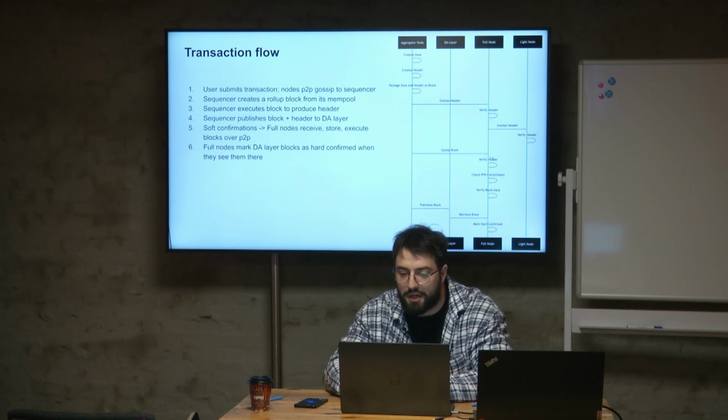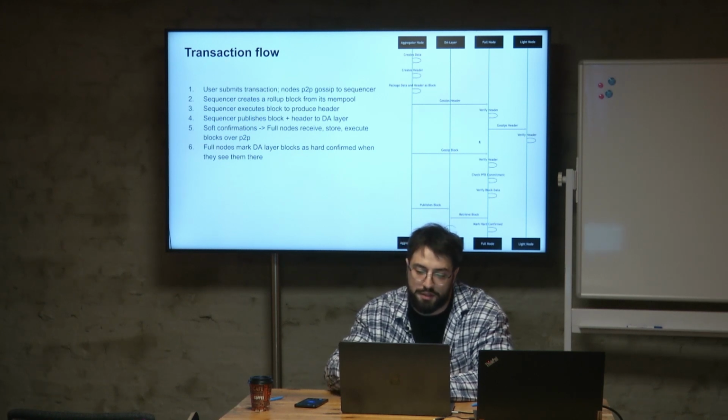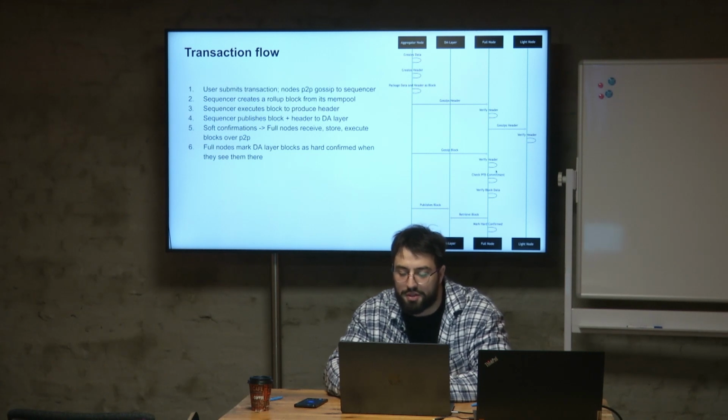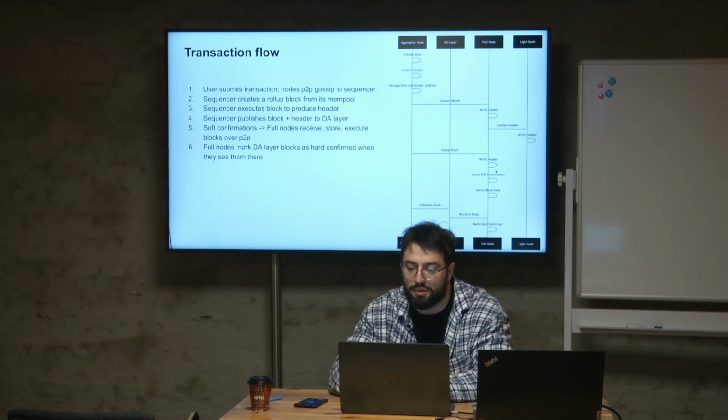During that time, or even before that, the nodes already received this block, and they can do the verification. They can either verify the header or verify the block data, and the PFB commitment. This is something we call soft confirmation. If everything is fine and the state transition is valid, we say that it's soft confirmed, but it's still not included in the DA block yet.